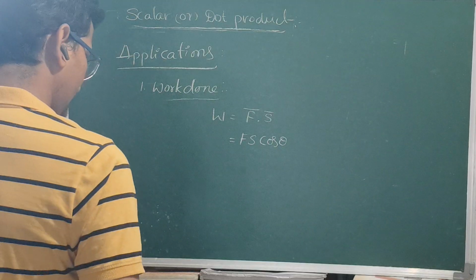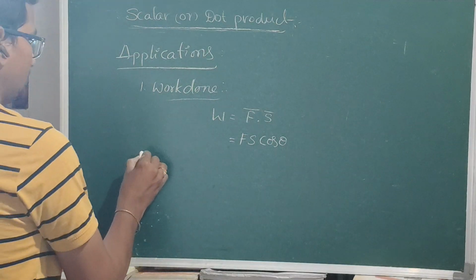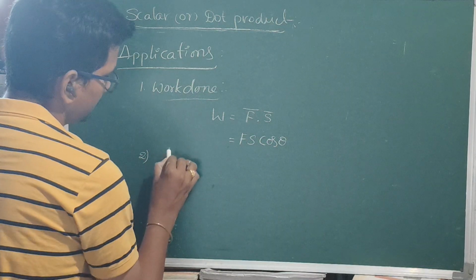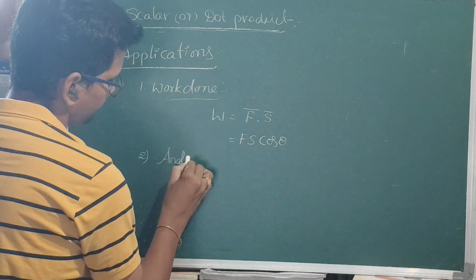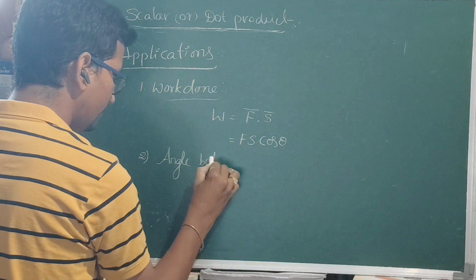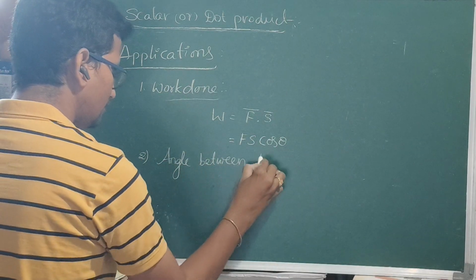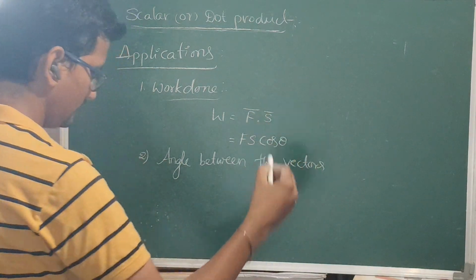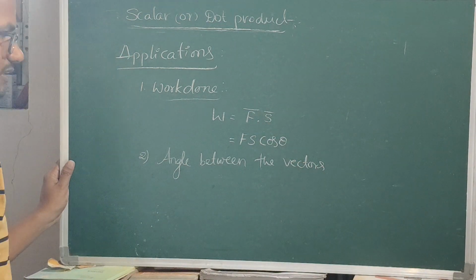The second application is the angle between two vectors in a dot product. What is the angle between the vectors?